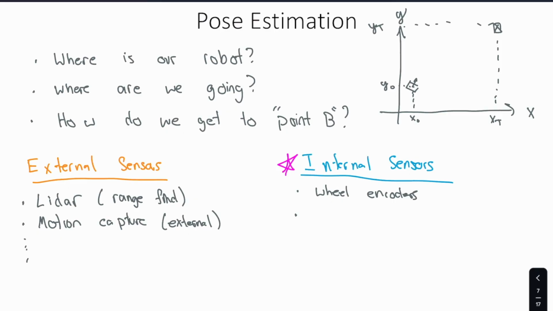Slightly better than just using the wheel encoders, but certainly not fine by itself, would be our inertial measurement units, which is really just a packaging of accelerometers and gyroscopes.